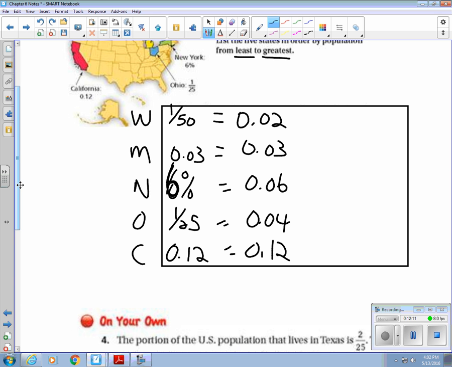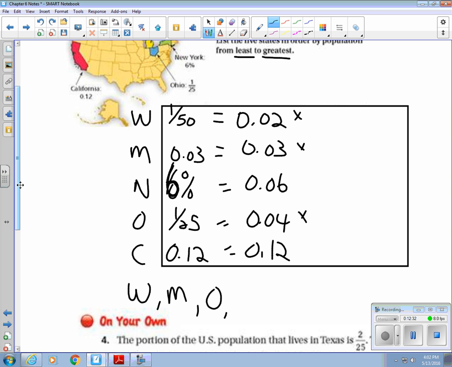2 is the smallest, so Washington has the smallest population. That one's done. Michigan is the next smallest with 0.03, so Michigan would be next. The next smallest would be 0.04, which is Ohio.